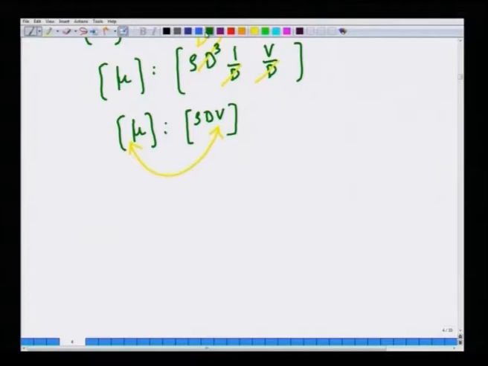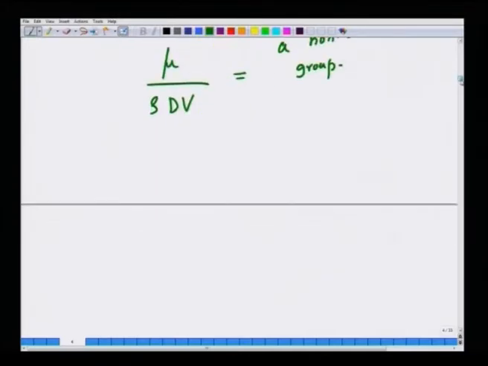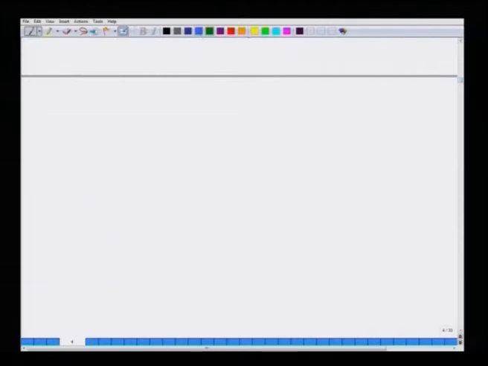So, if I divide mu by rho d V, that is a second non-dimensional group. So, we have finally come up with, we had initially a dimensional relationship between 5 dimensional variables.